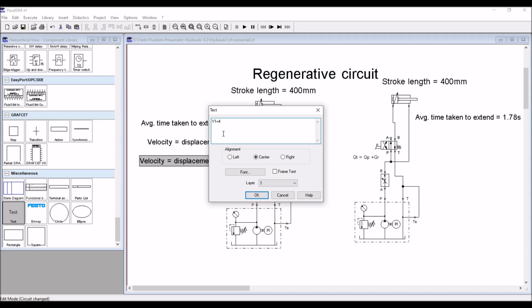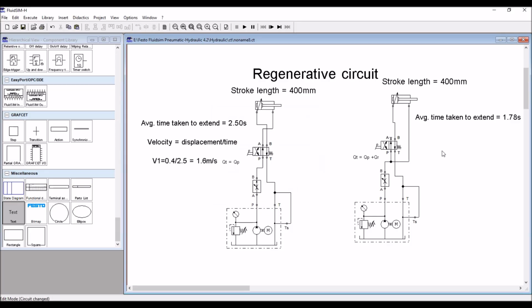That is actually 0.4 meter. 0.4 meter divided by 2.5, which is calculated, it is coming around 1.6 meter per second.